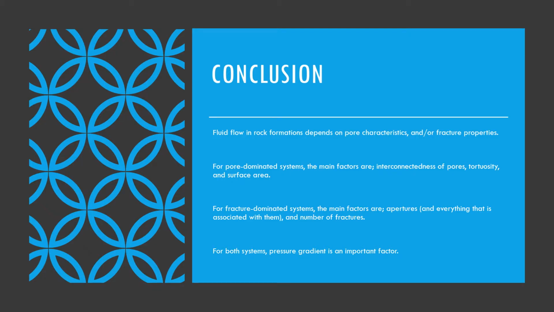We have discussed more than that, but these three really stand out in those kinds of systems. However, for fracture dominated systems, the main factors are apertures and everything associated with them, meaning their length, their interconnectedness, their roughness, the material of the rocks, their capillary suction potential, all of that.